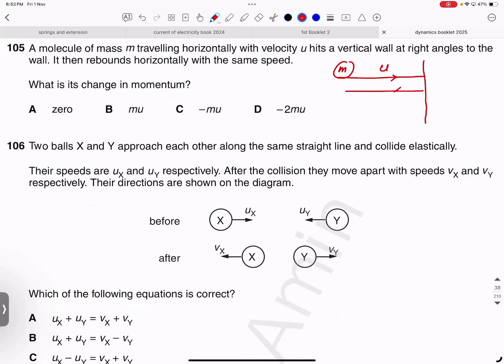It rebounds with a speed u again. Now, my dear student, if this one is positive, this is negative. Using my way, M, final minus initial, M into negative 2u, which is negative 2mu. Option C.